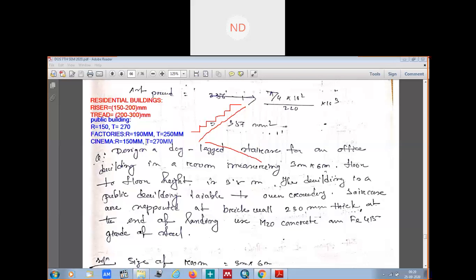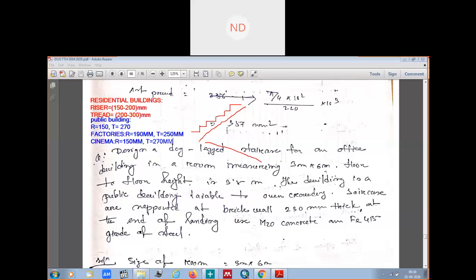In heavy, more crowded places, you can take your tread, the horizontal portion, a little bit more, up to the maximum value of 300 mm, because in an overcrowded place you want it to be comfortable for the crowds. Okay, so if we take this question now, some more things I want to tell you.